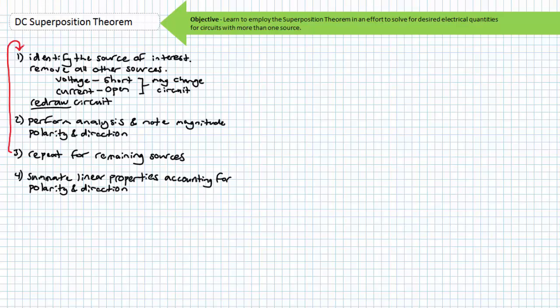This means our 4 general steps is in actuality a flowchart, and we need to repeat steps 1 and 2 as many times as there are sources in our circuit. Finally, when we've run out of sources, we can move on to step 4. Summate all linear properties, taking into account magnitude, polarity, and direction. Nonlinear properties like power can then be solved for at this time using the final voltage and current values.